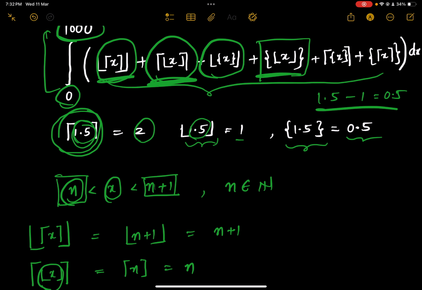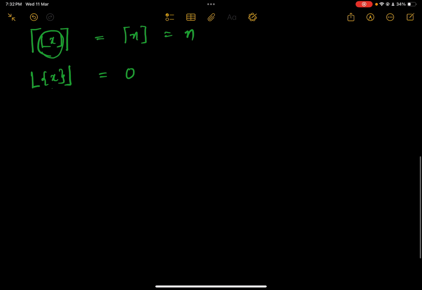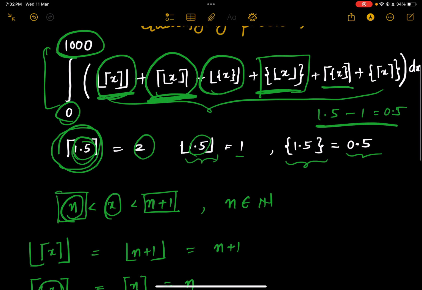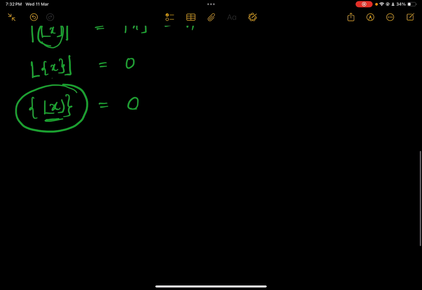Now let us go to the fourth term, fractional part of floor of x. The floor of x is n. All right. And the fractional part of n is nothing, it is 0 again. Now let us go to the fifth term, ceiling of fractional part of x.